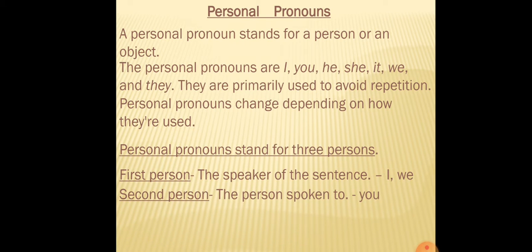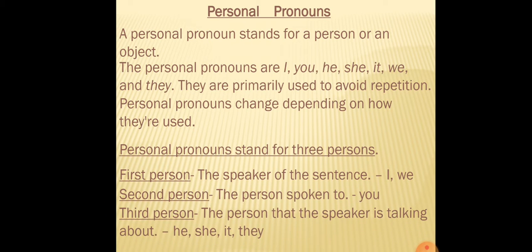Second person. The person spoken to is referred to as the second person, and we can use the pronoun you for the second person. Third person. The person that the speaker is talking about is referred to as the third person, and for the third person we can use pronouns like he, she, it, and they.